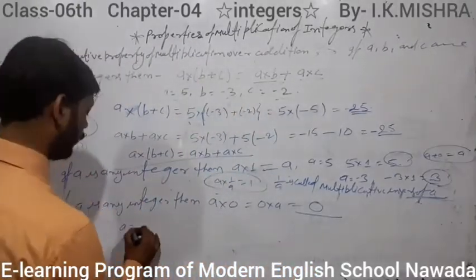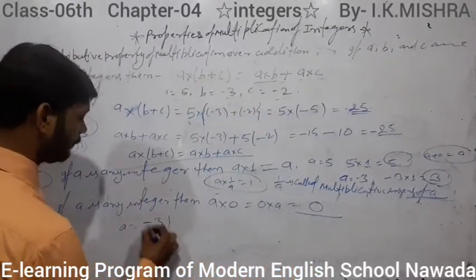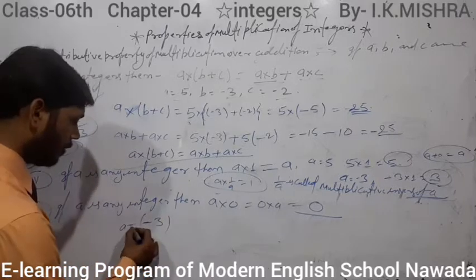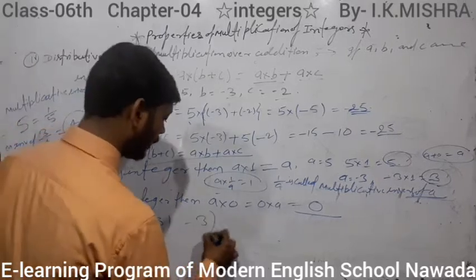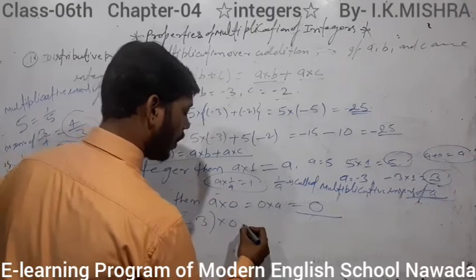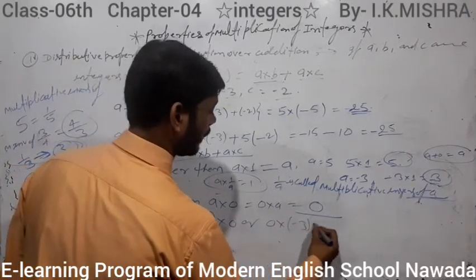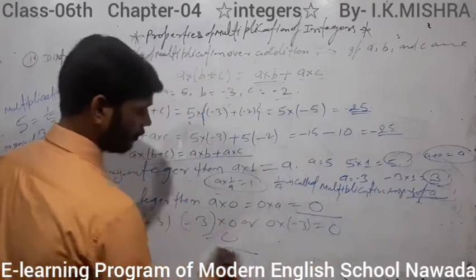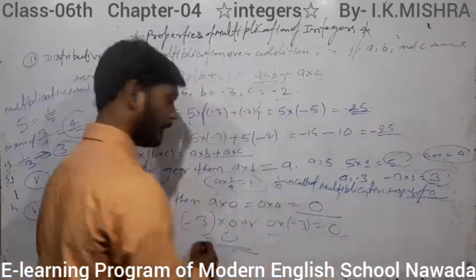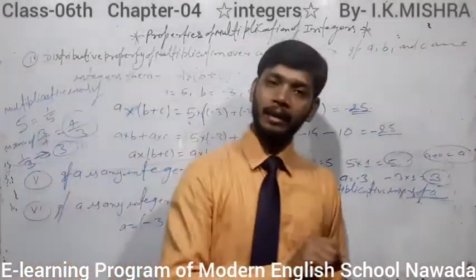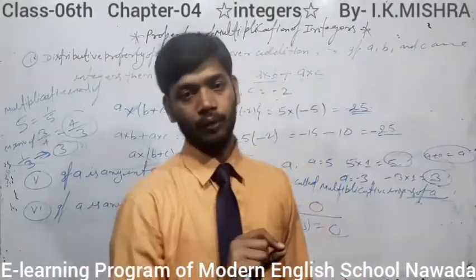Suppose a is equal to minus 3, then minus 3 into 0 or 0 into minus 3 is equal to 0. In both cases, when you multiply 0 with any integer, the result will be 0.